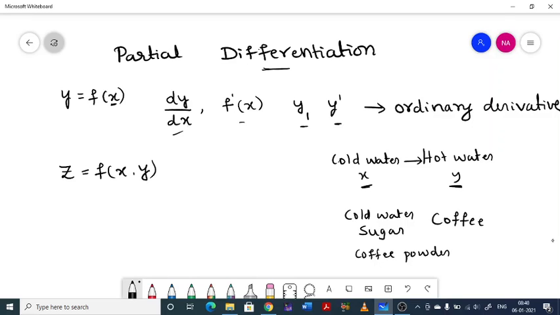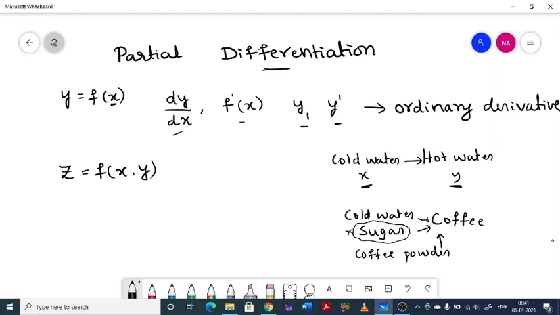It may be a small change or large change, whatever it may be, but varying these quantities definitely varies the quantity of the output coffee. If you minimize or maximize the quantity of cold water, definitely there will be change in coffee. Even if you add more sugar, the effect of this is very less. Time being, you can rule out this one. So you can consider only two variables, cold water and coffee powder.